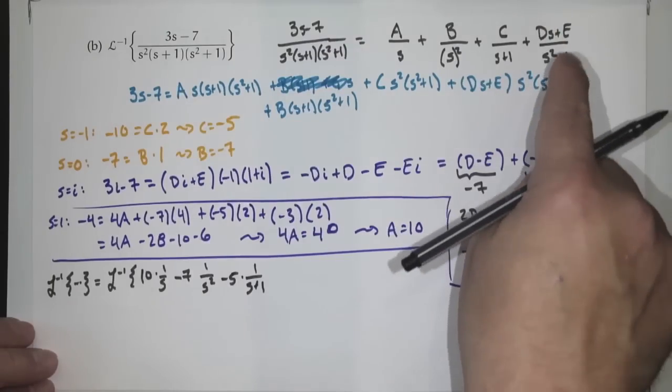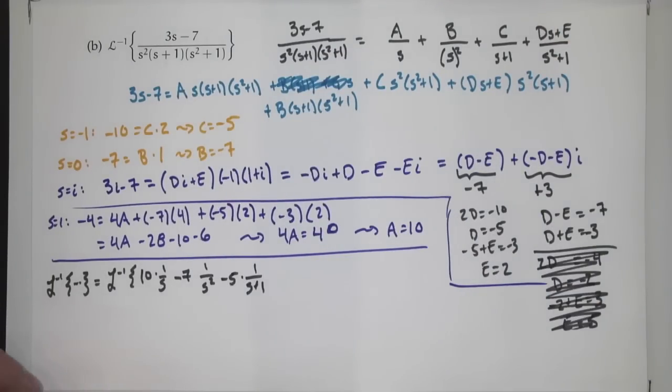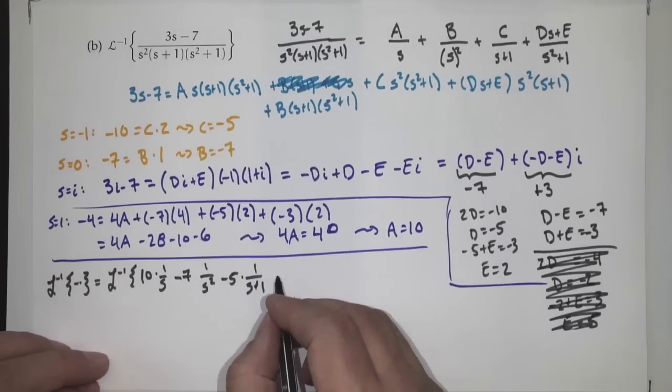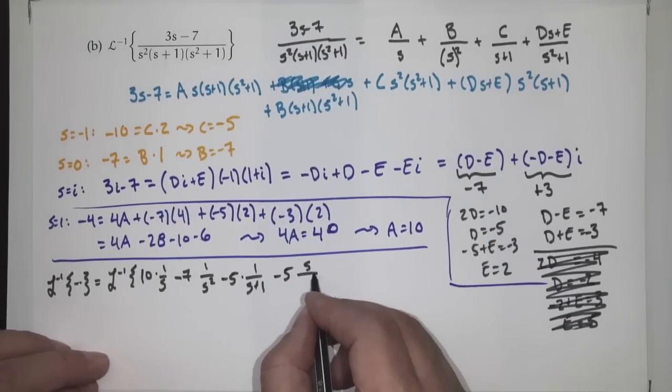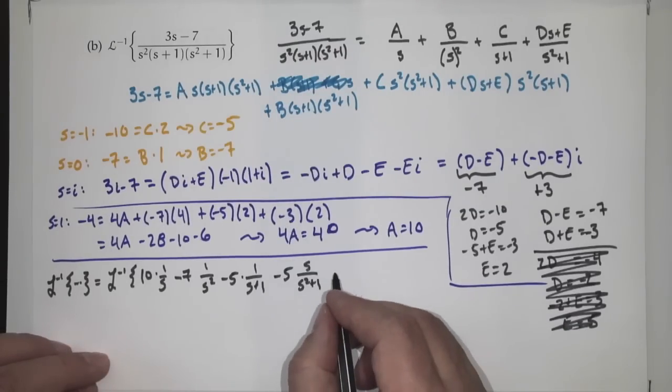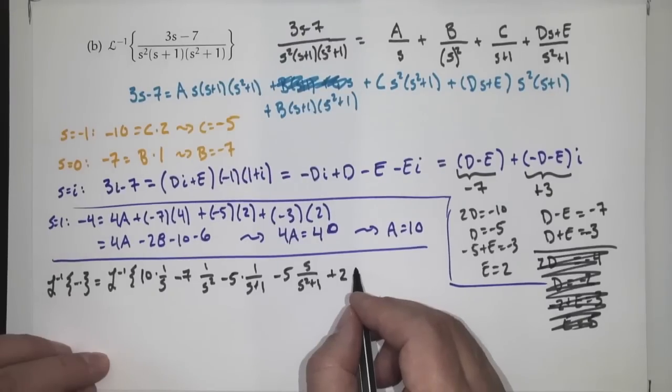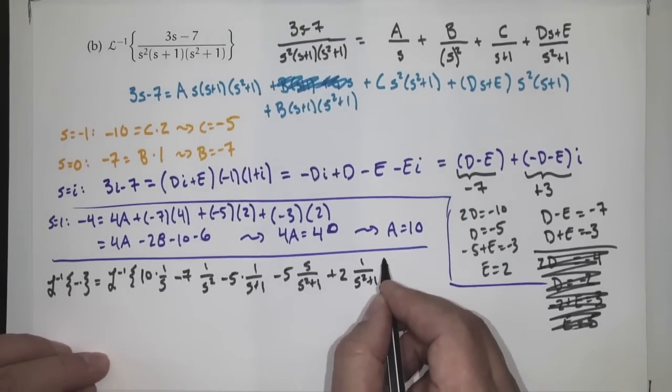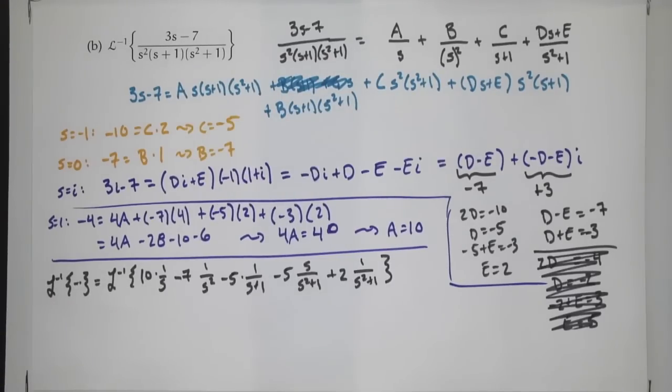And the ds plus e, well, I'm going to separate that out. So the d, which we said was negative 5, so minus 5, s over s squared plus 1. And then the e is 2, so plus 2, 1 over s squared plus 1. Okay.